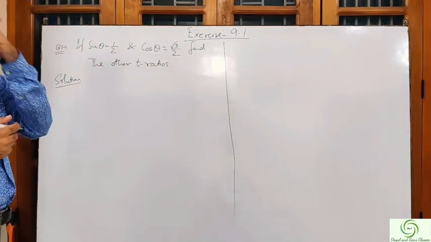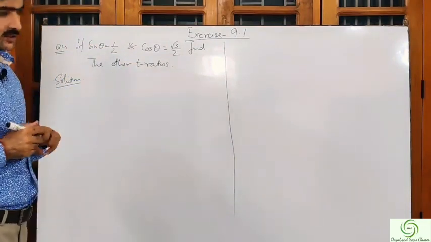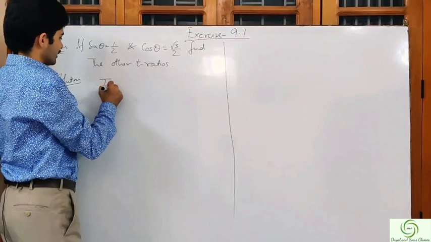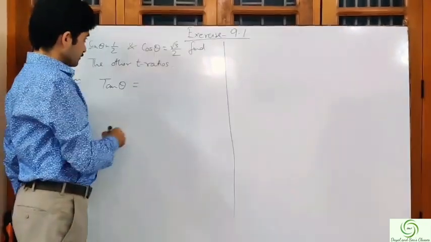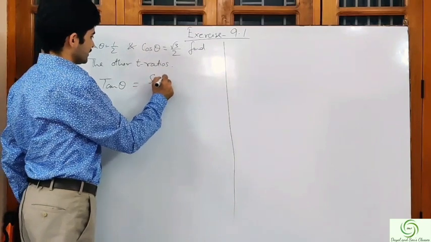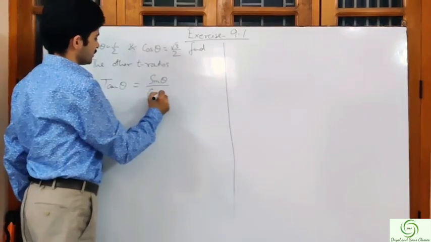Now we are given the value of sin theta and cos theta. Let us first calculate tan theta. We know tan theta is equal to sin theta upon cos theta.